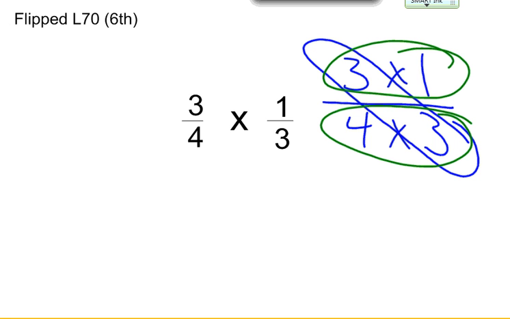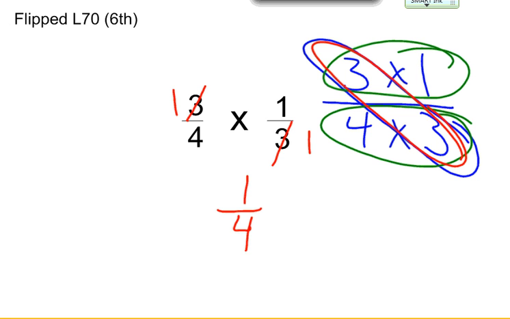But if they cross the lines, diagonals, or straight up and down, then you can eliminate some of the ideas there. So here we see there's a 3 here and a 3 here, so we can make that a 1, and that a 1, and 1 times 1 is 1, and 4 times 1 is 4, and in the end, we have a simple answer of 1/4.